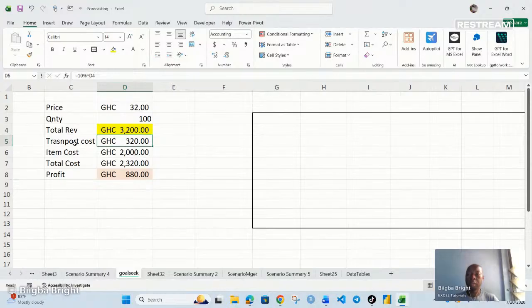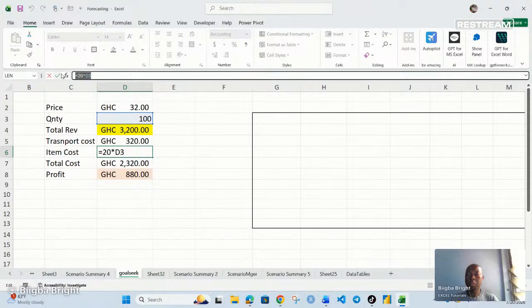And then we have the item cost. The item cost, as you can see in the formula on top there, is actually 20 Ghana cedis, and then the 20 Ghana cedis times D3. Where's my D3? That's the quantity. So it means each costs 20 Ghana cedis and the price we are selling is 32.